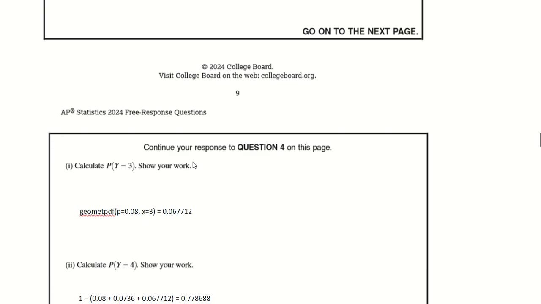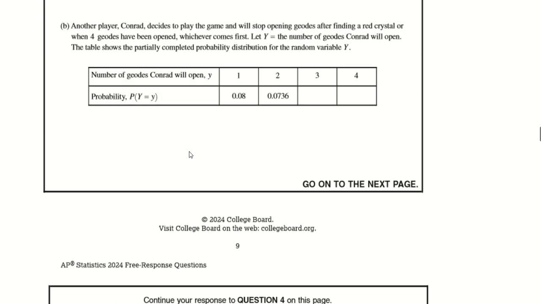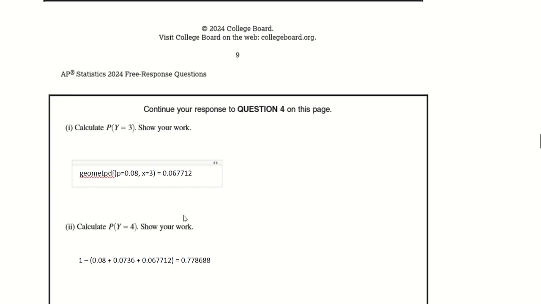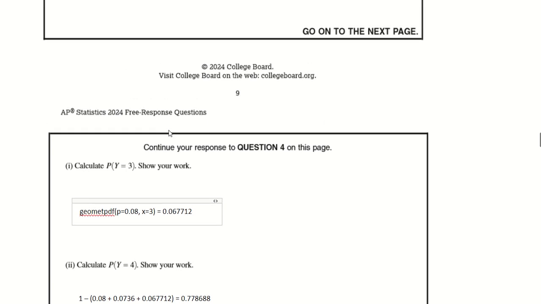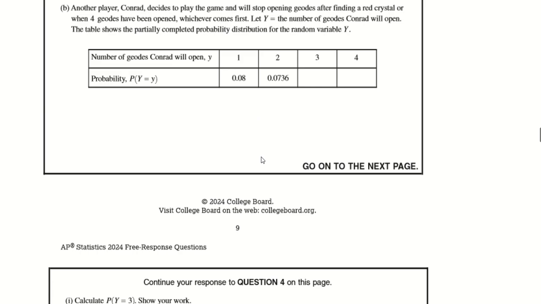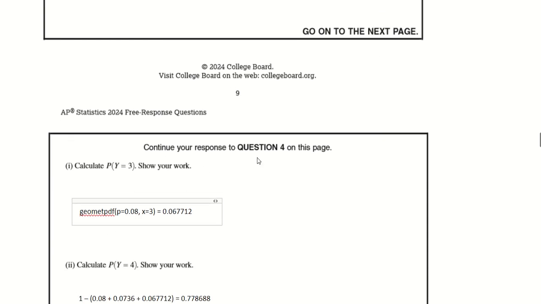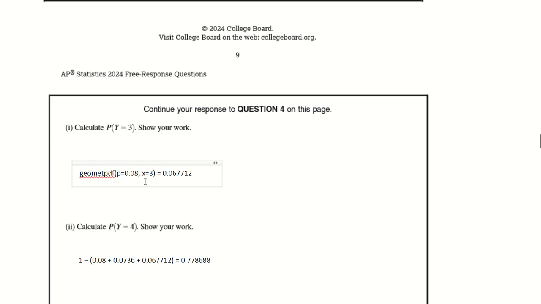Moving on to this question, calculate the probability of y equals 3. I use my calculator, in this case the geometric PDF function. Again, there are a lot of ways to do this question. There's actually a formula for this, but for simplicity's sake, I just use the geometric PDF function on my calculator.